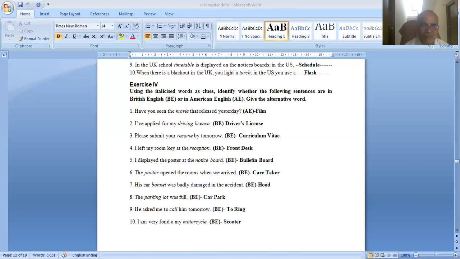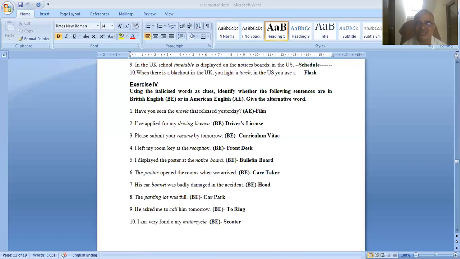We have applied for, sorry, I have applied for my driving license. So I applied for my driving license to get the permit to drive. The words given in italics is driving license, and driving license is a word used by the British people.